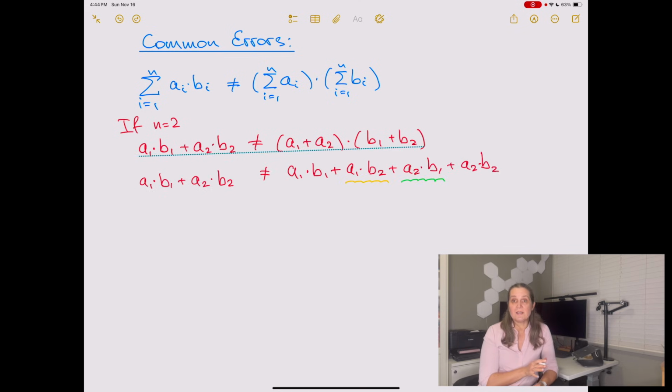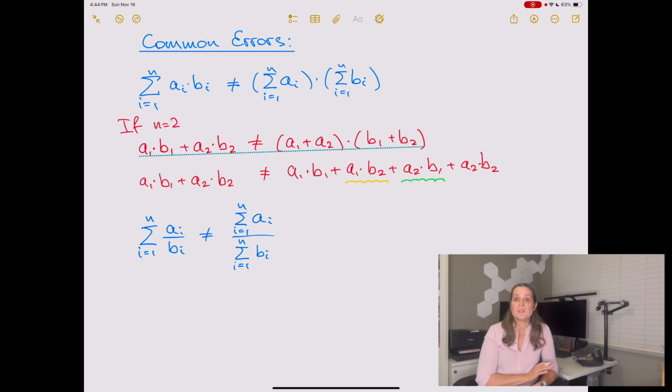If we open parentheses in our right-hand side, we will notice that on the right side there are not two but four terms: a1b1, a1b2, a2b1, and a2b2. So of course, the left-hand side and the right-hand side are not the same. Therefore, we know that the sum of the product can never be written as the product of the sums.